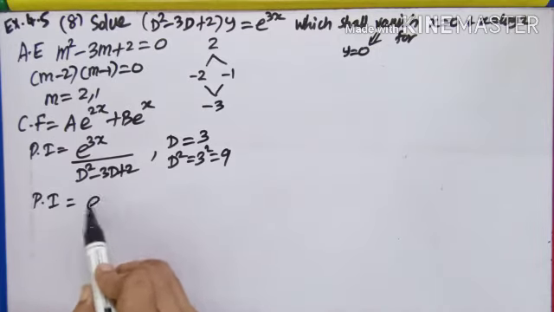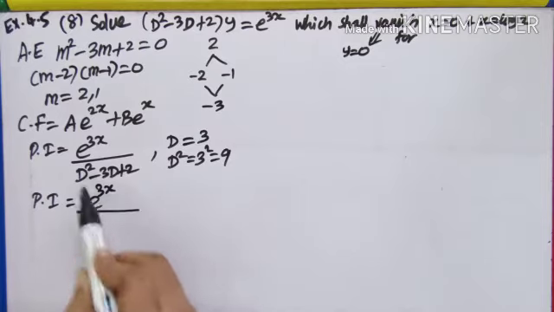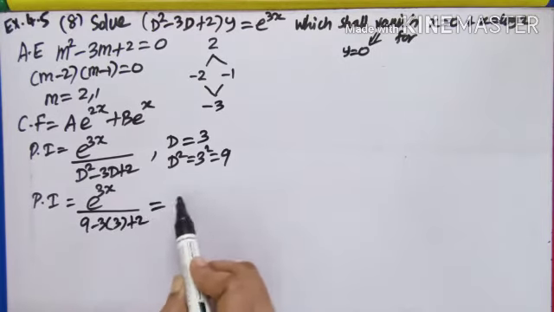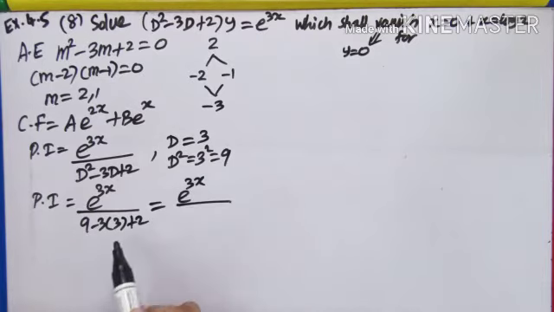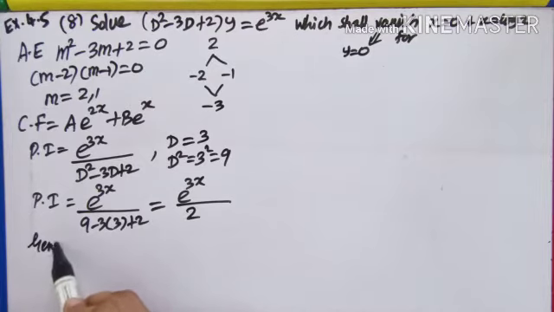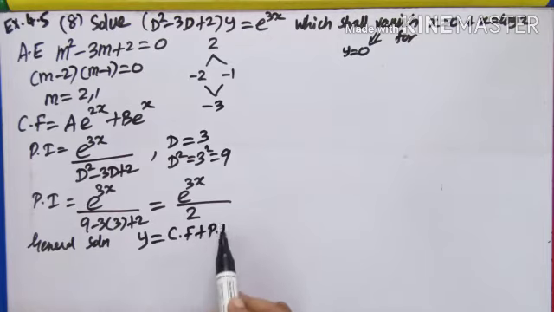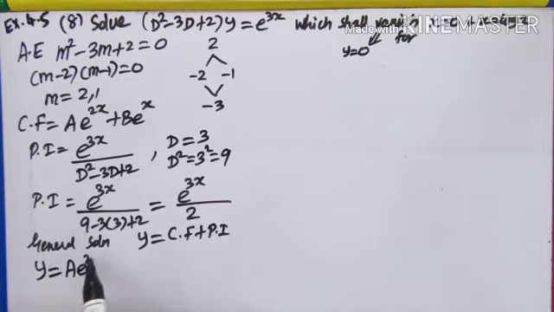What is PI? e power 3x by 9 minus 3 into 3 plus 2, or it is e power 3x by 2. Now we write the general solution. What is the formula? y equals CF plus PI. y equals a e power 2x plus b e power x plus e power 3x by 2.